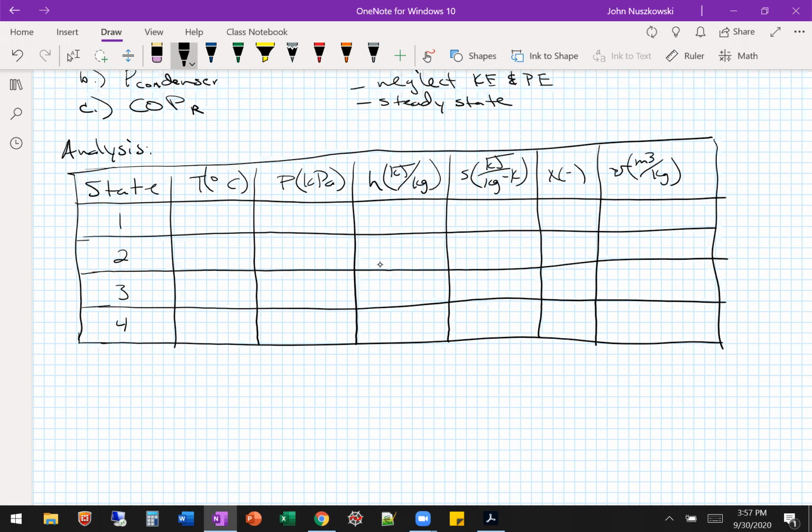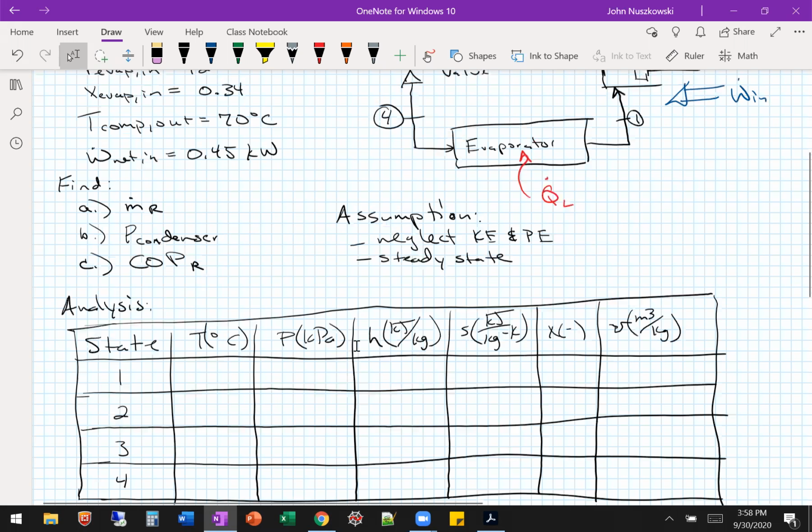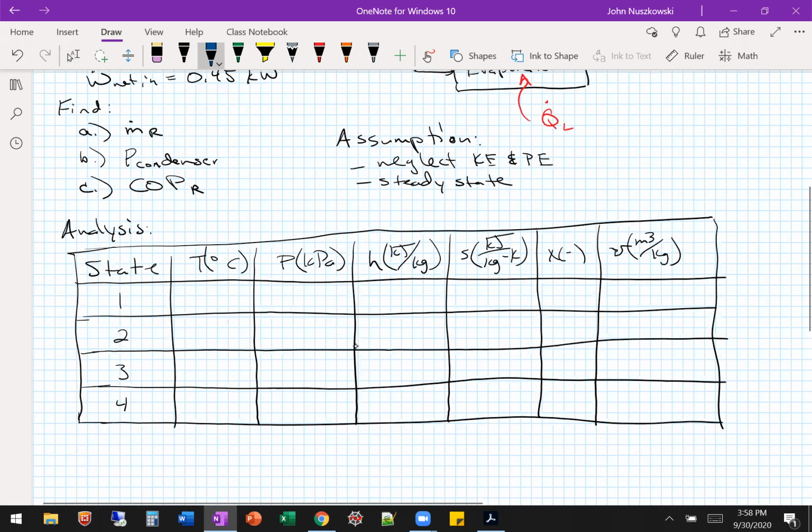Okay. They gave us the evaporator in, so that would be state 4. They gave us pressure and quality, so that was 120 kPa and 0.34 quality. That was our given.